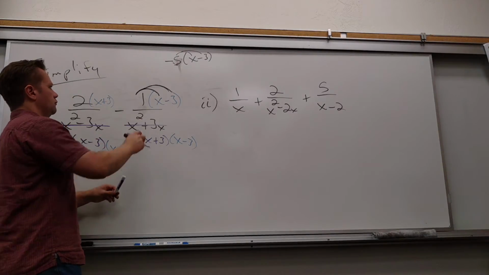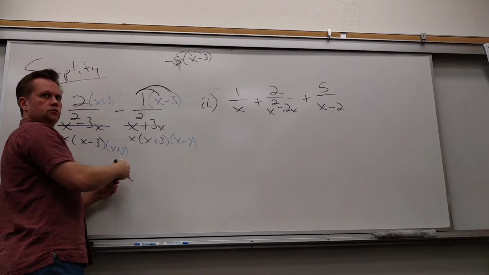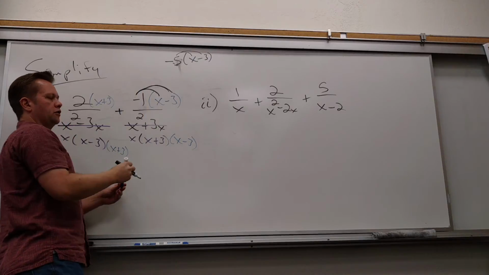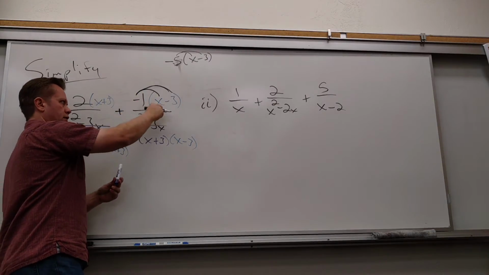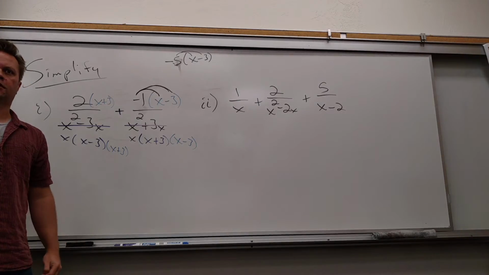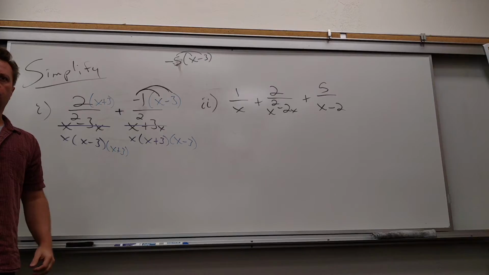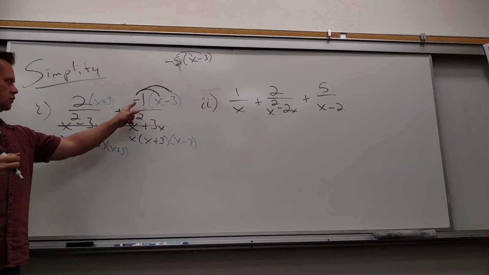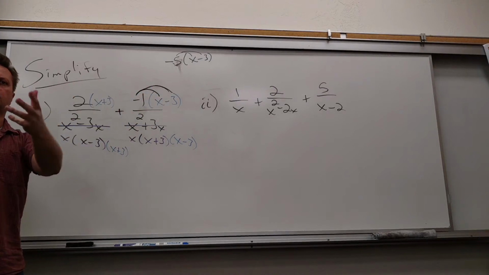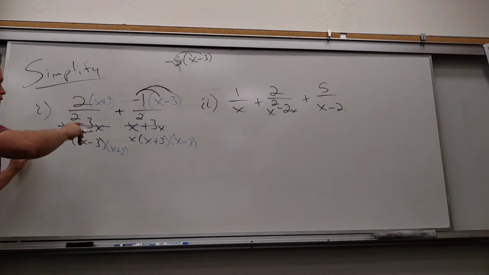If I bring a 1 through, what do I get? Exactly the same. I get X minus 3. If I bring a negative 1 through, what am I going to get? Negative X plus 3. So I am changing both signs. I just haven't brought the negative through yet. That's the very next thing I'm going to do. So you can do it either way, because they both end up in the same place. Exactly. I like it. Cool. So what do I get here?